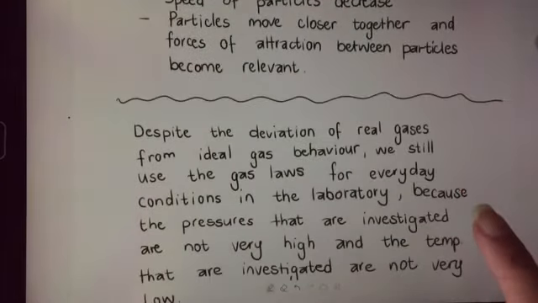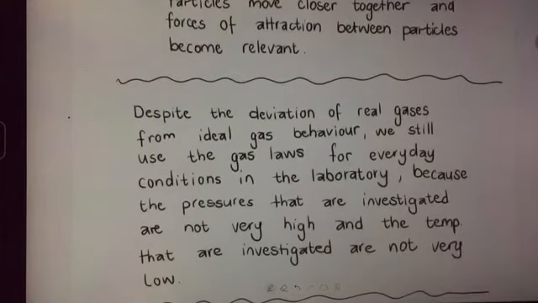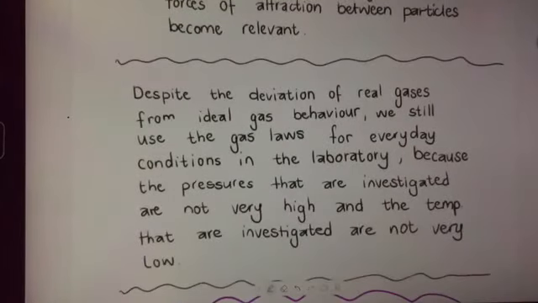So you might wonder, why do we then actually use these gas laws if they apply to this ideal gas? And the answer is, under most conditions, real gases behave like we describe in our gas laws. It's only under extreme conditions, like very low temperatures and very high pressures, where real gases deviate.